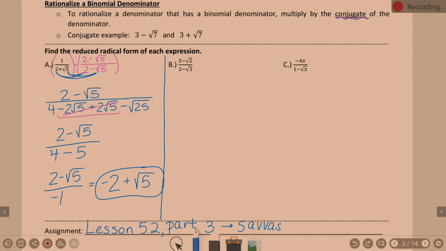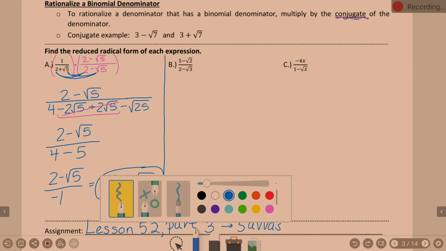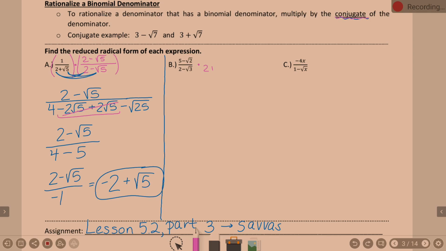Okay, 2 more. Let's try them. 5 minus the square root of 2 over 2 minus the square root of 3. I can't leave that square root of 3 in the denominator. In order to get rid of it, we multiply by the conjugate. The conjugate of 2 minus square root of 3 is indeed 2 plus square root of 3.